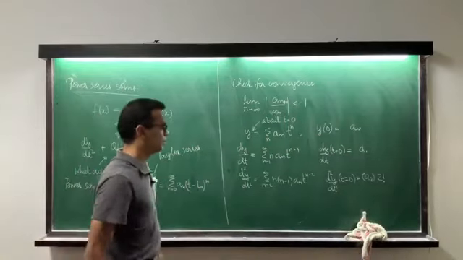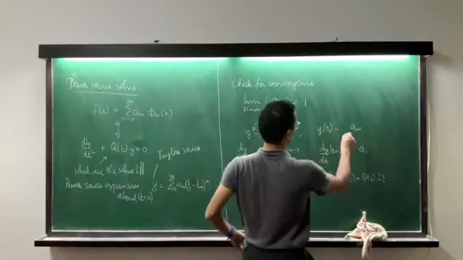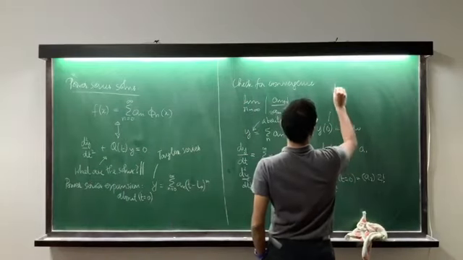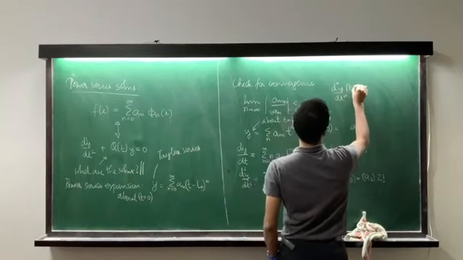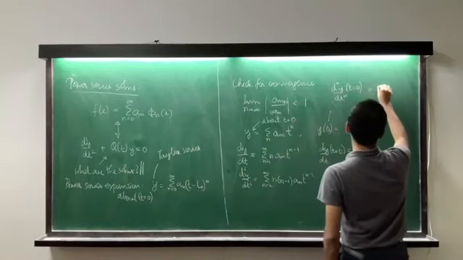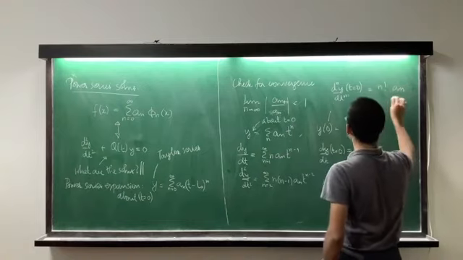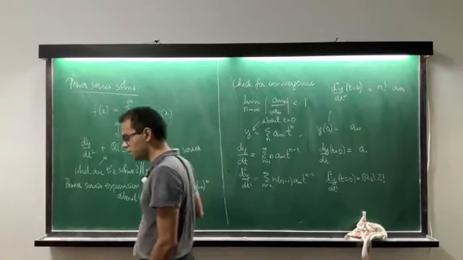And I can keep doing this forever. So in general, the nth derivative d^n y by dt^n at t equals 0 is equal to n factorial times a_n. Okay, so the nth term I can get out easily like this.